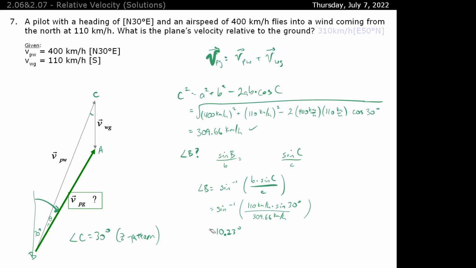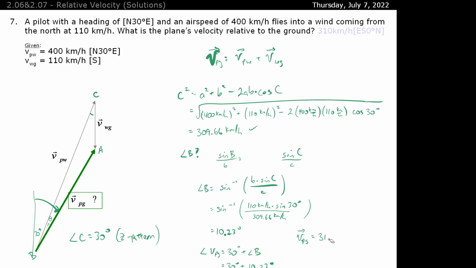So if we really want to find out the angle of VPG, that's equal to 30 degrees plus angle B. Tell the reader how you got to your answer. So that's equal to 30 degrees plus 10.23 degrees, which gives you 40.23 degrees. Therefore, your final answer of VPG as a vector is equal to 310 kilometers per hour.